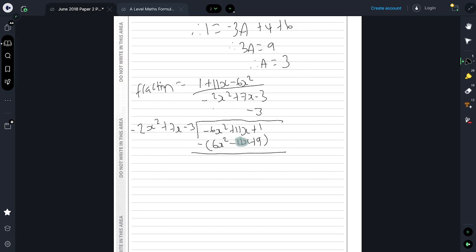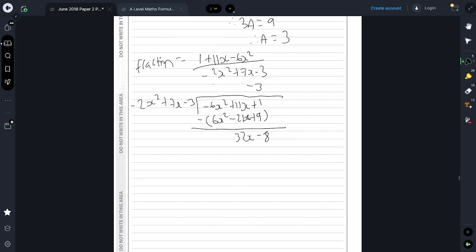That's 21. 32x minus 8. Okay. But then there's no remainder. There's nothing to bring down here, so this is the final answer.